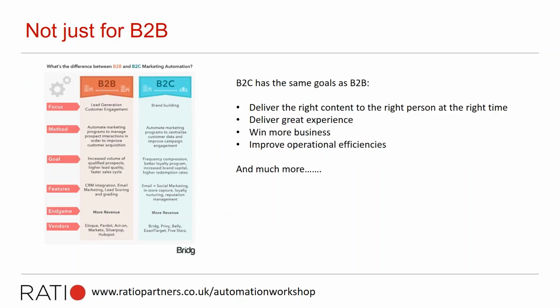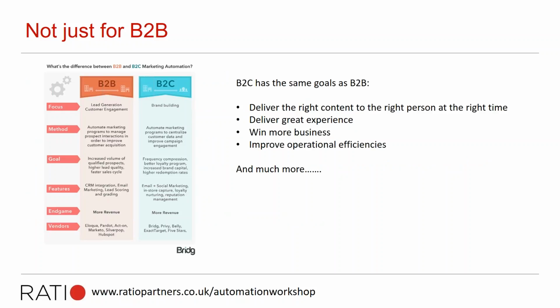Now, lots of marketers have heard about marketing automation, and a lot of marketers have heard that marketing automation is actually geared towards B2B. They don't feel it's something for B2C organizations. And there's actually a good reason for that. When marketing automation started as software about 15, 16 years ago, it was adopted very early on by B2B organizations. And you can understand why.